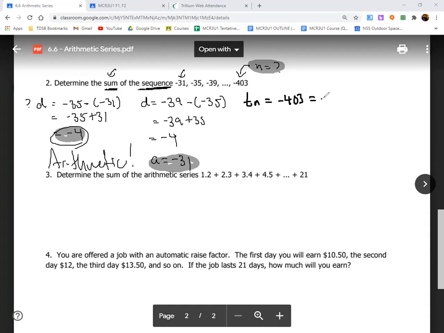But that happens to equal a plus n minus 1 d. Negative 403 is equal to negative 31 plus n minus 1 times negative 4. So I'm going to do some algebra. Plus 31, plus 31. This becomes negative 372 equals n minus 1 times negative 4. Divide both sides by negative 4.